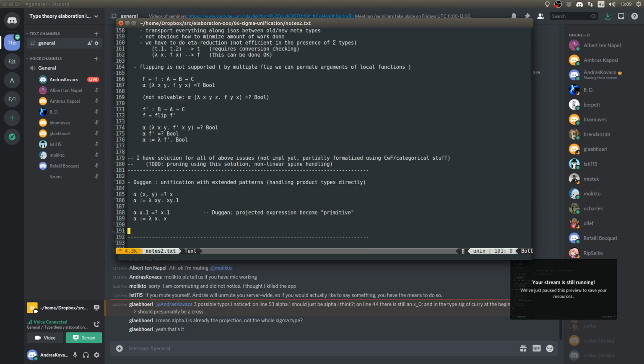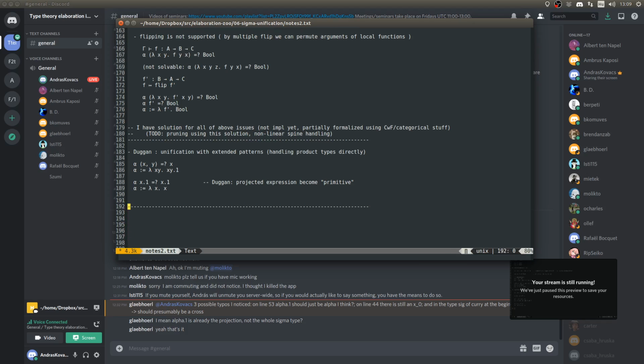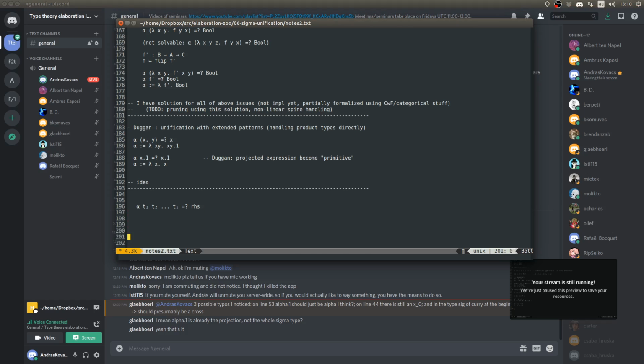Okay, so the idea is that I have some alpha, and alpha is applied to t1, t2, up to ti, and I want to unify this with some right-hand side. And this is the problem.